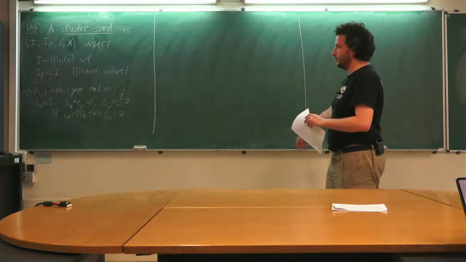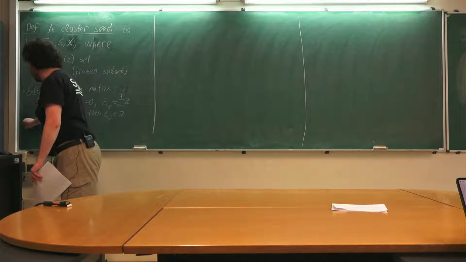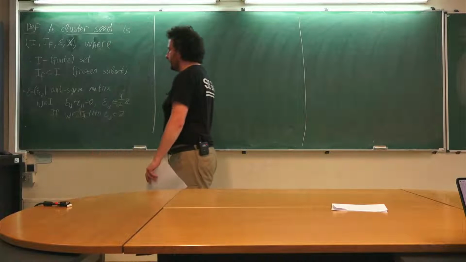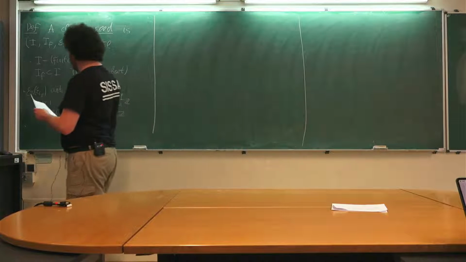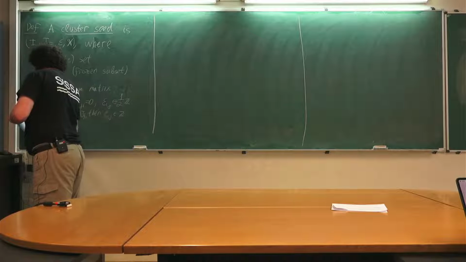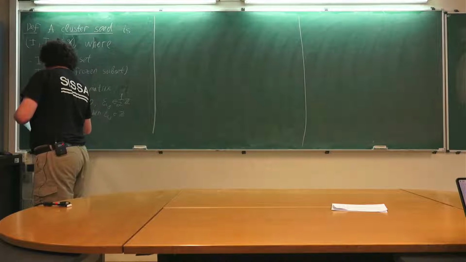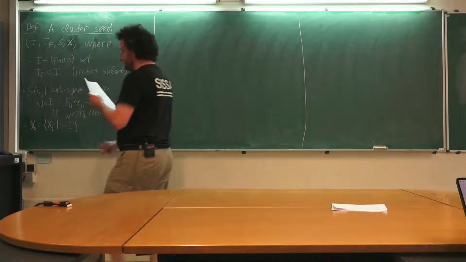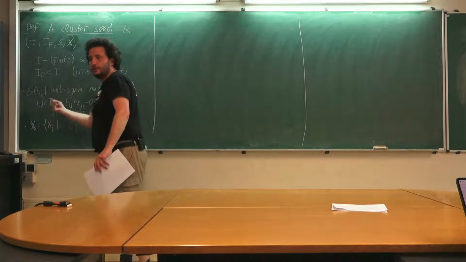So if there are no frozen vertices, then the epsilon_ij are just integers. And what remains? Remains x. X is a set of variables x_i, where i belongs to the index set I. And these x_i would be local coordinates on a chart.